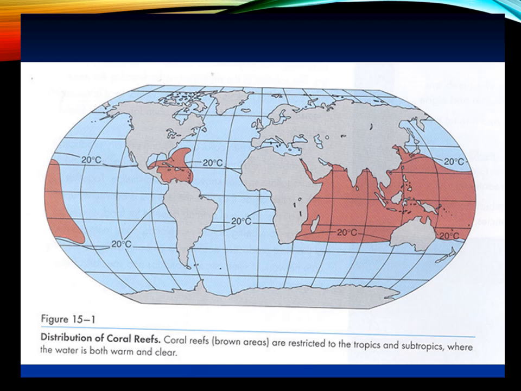Notice on the west coast, we don't see any coral reefs. Do you know why? Remember, this is the area where you have cold water upwelling. So water here, even though it's in the tropical regions, is going to be colder. So we only see the coral reefs on the eastern side of our country.